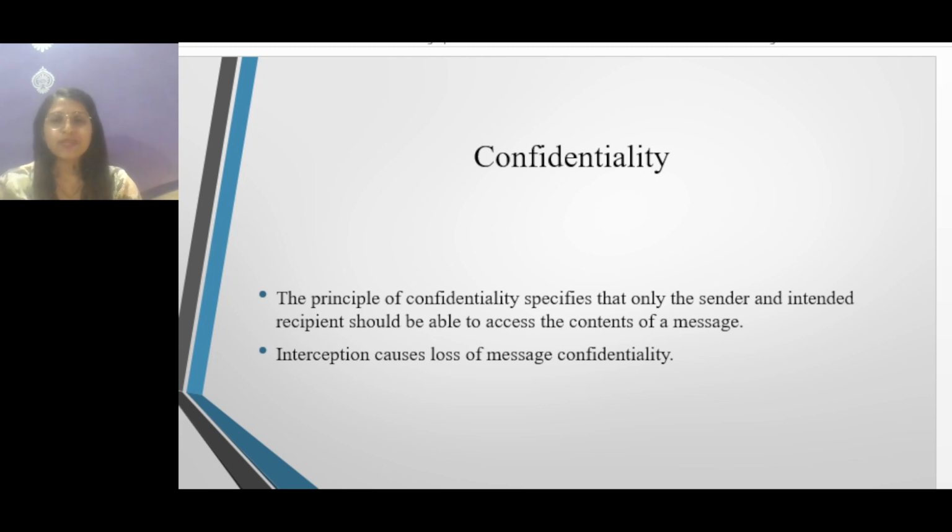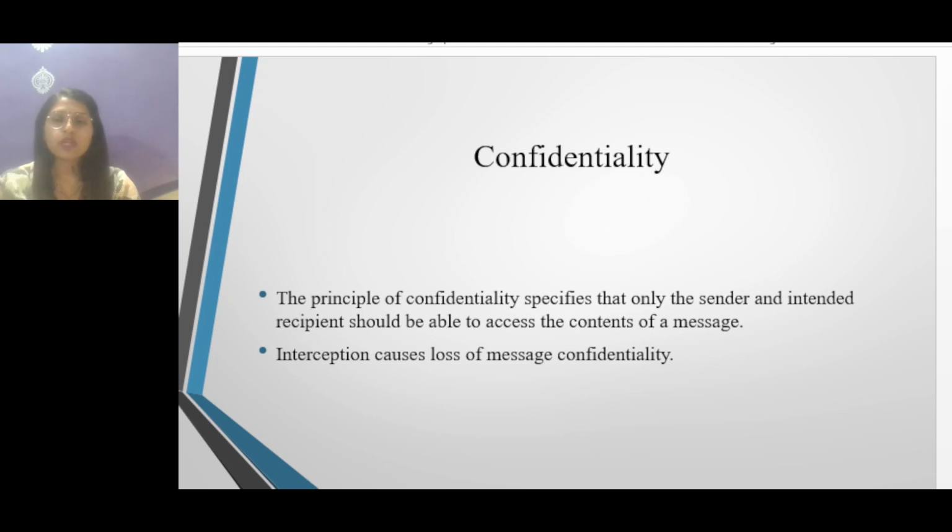This principle specifies that only the sender and the intended recipient should be able to access the content of the message. If the message is accessible to a third party, then you can say that confidentiality is lost.